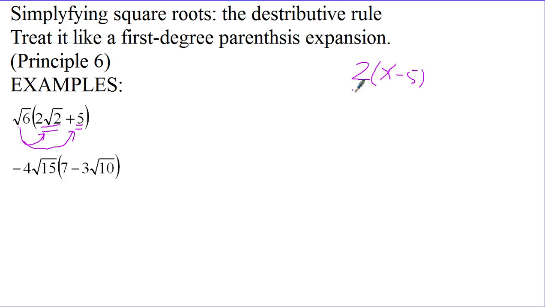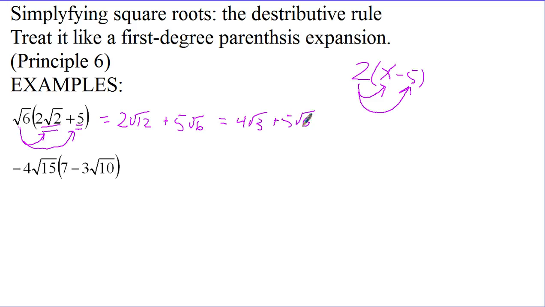It's exactly like a distributive rule expansion that you would use like this. So this then becomes 2 times the square root of 12 plus 5 times the square root of 6. And then the square root of 12 would simply become 2 square root 3. And then 2 times 2 square root 3 becomes 4 square root 3 plus 5 square root 6.